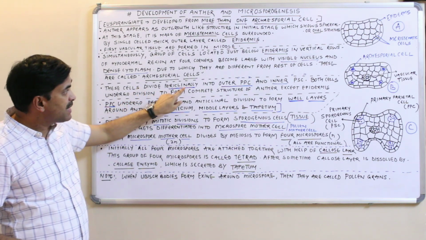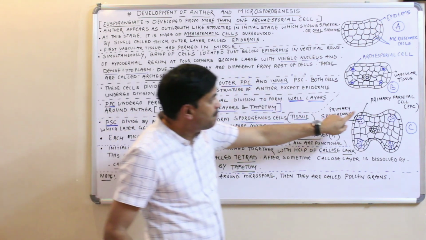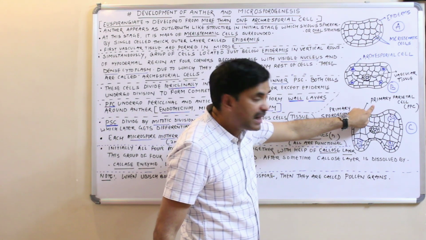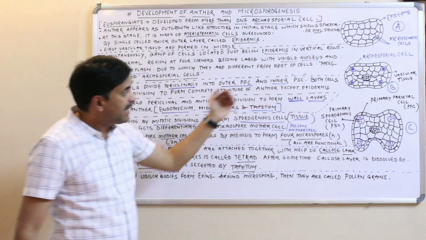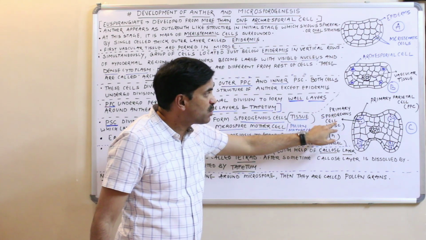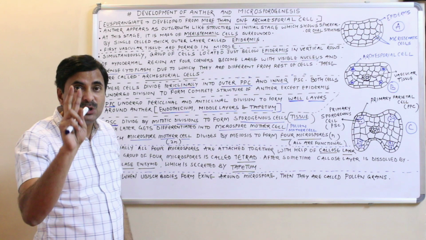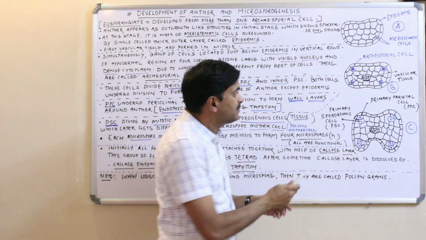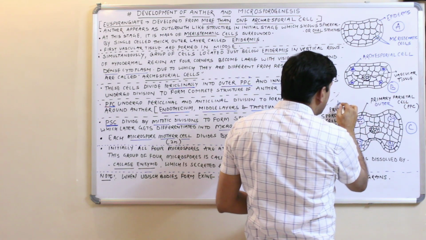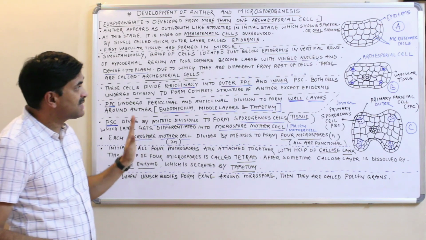So these cells divide periclinally into two cells: an outer primary parietal cell, which I have written in short as PPC, and an inner PSC, the primary sporogenous cell.